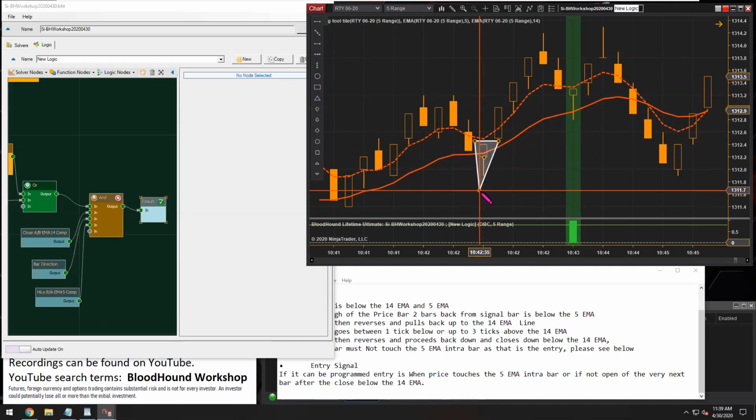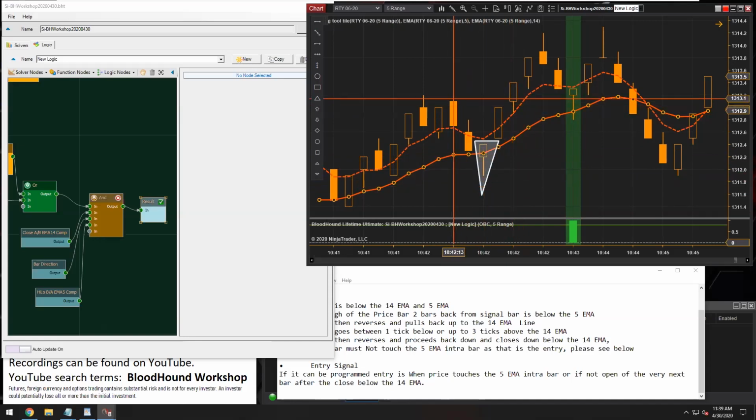So we can see this bar was filtered out because that wick, right, it looks like it was more than 3 ticks away from our EMA14. Yeah. So let's see. Yeah, this is a 5-range bar. So the body is 2 ticks. The wick is 3 ticks. Yeah, so we can see that this candle broke through a little too far. So this got filtered out.